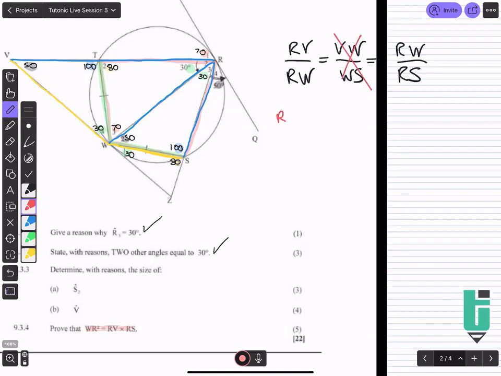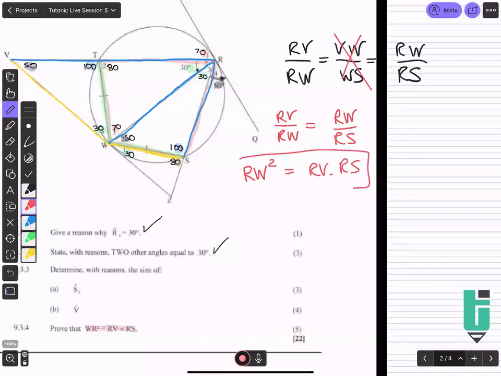So we've got RV over RW equals RW over RS. What do we get? If we multiply out, RW squared is equal to RV times RS.